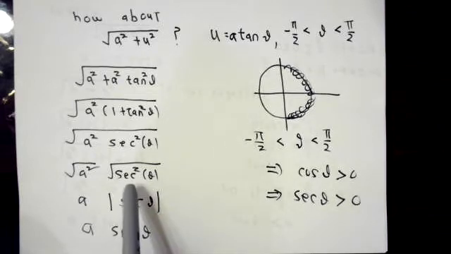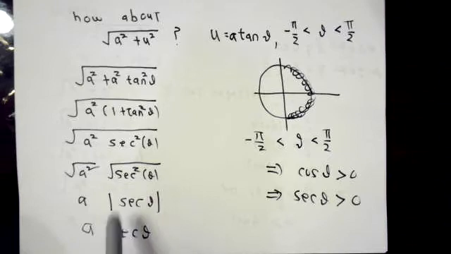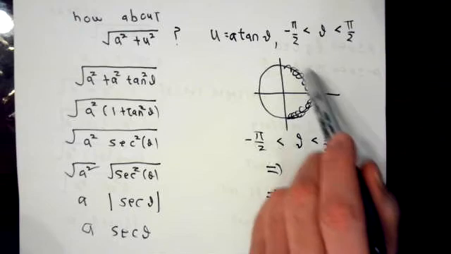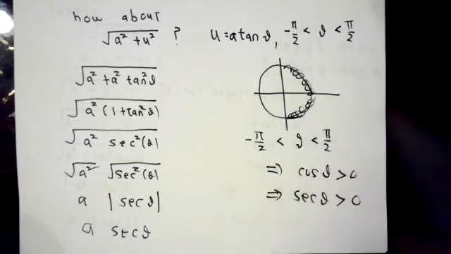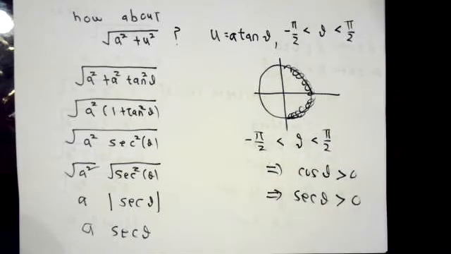We do need to worry about radical secant squared theta, though, but on the other hand, we're still either in the first or fourth quadrant in terms of the angle. The cosine is positive there. 1 over the cosine, which is the secant, will be positive. Absolute value of a positive number is just the number, so we can lose the absolute value signs again.